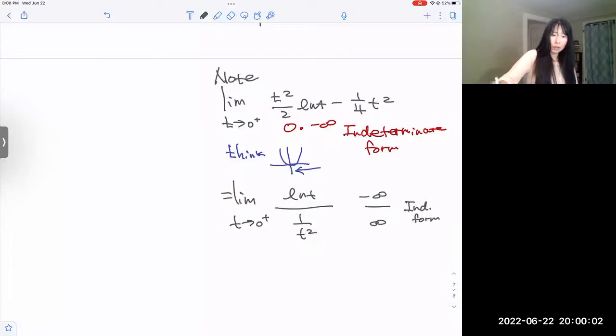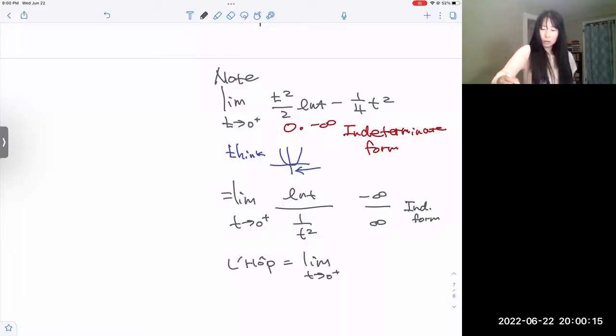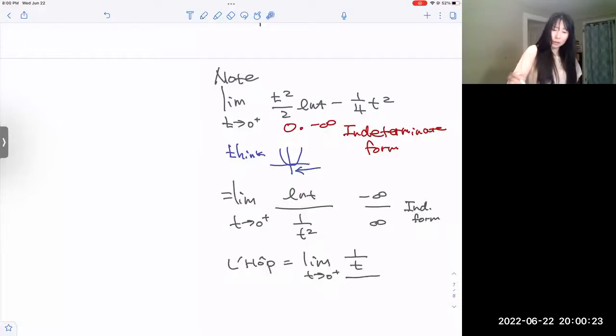All right, then let us use L'Hopital's rule. So t approaches 0 from the right. The derivative of ln t is 1 over t, over the derivative of 1 over t squared.